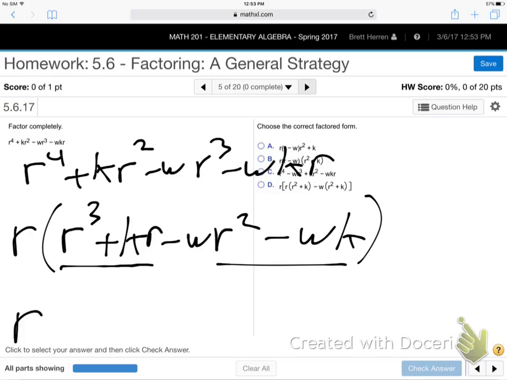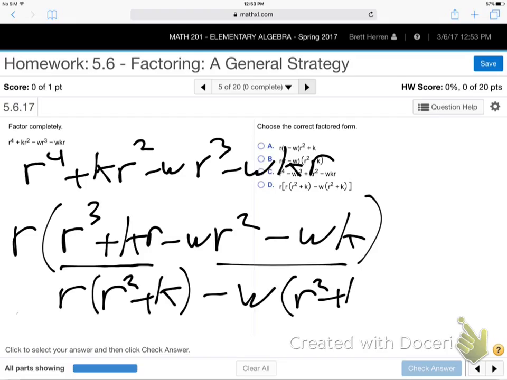Now the first two, what do they have in common? That leaves R squared plus K. And the back two have W. Everybody seeing that? Am I losing you?